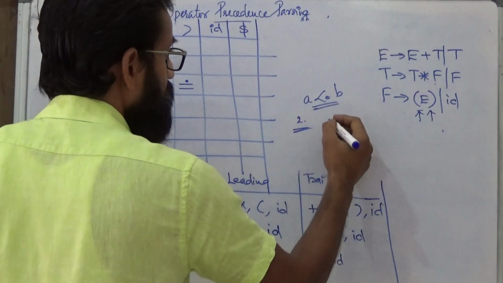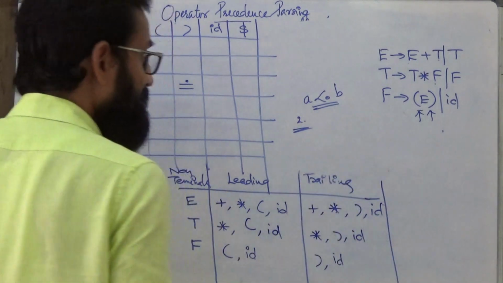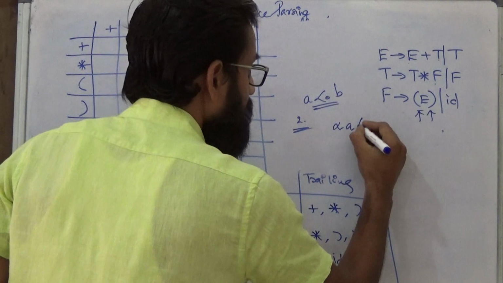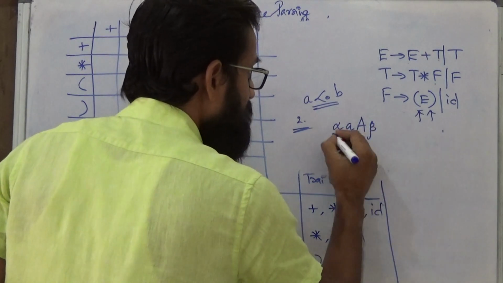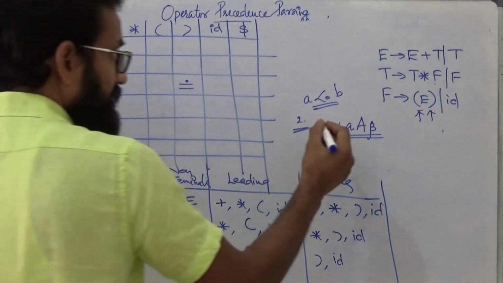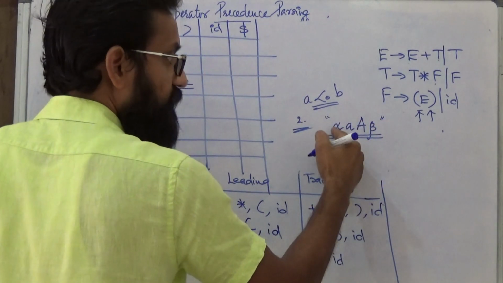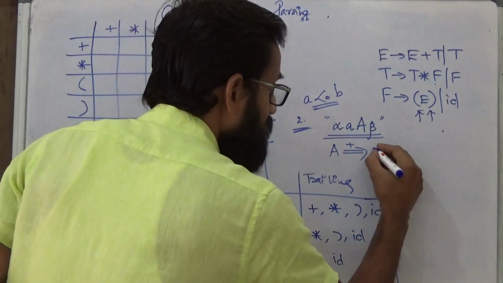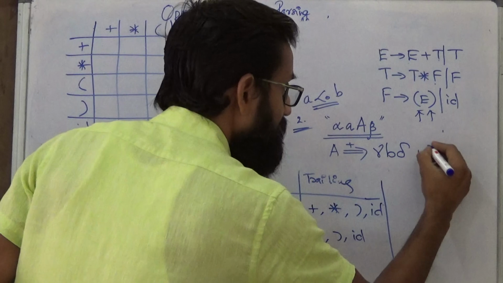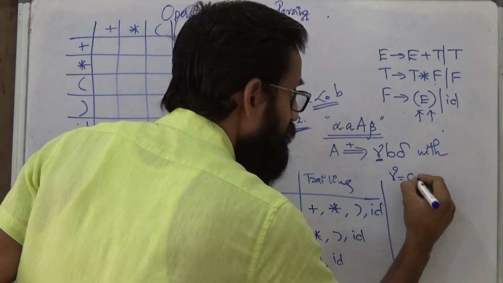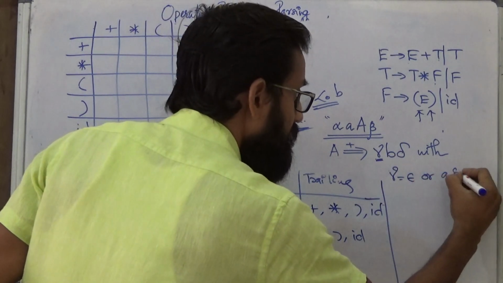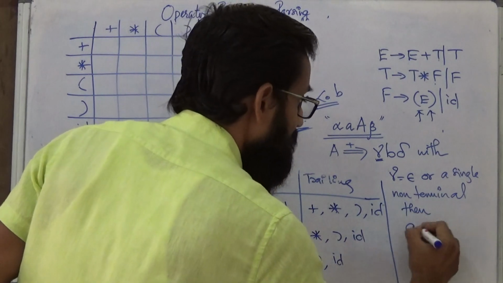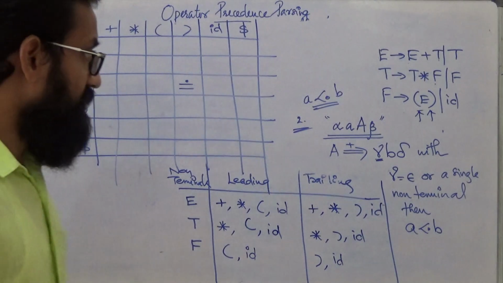So assume that you are having a production whose right hand side is of the form alpha A beta, and A derives some gamma B delta, with gamma equal to epsilon or a single non-terminal, then set A is having lesser precedence as compared to B. So let me repeat the rule once more.